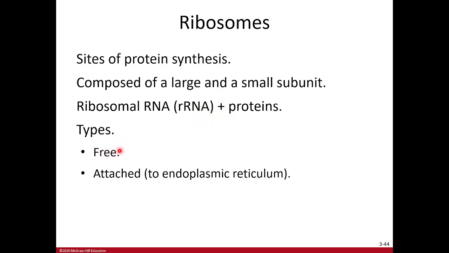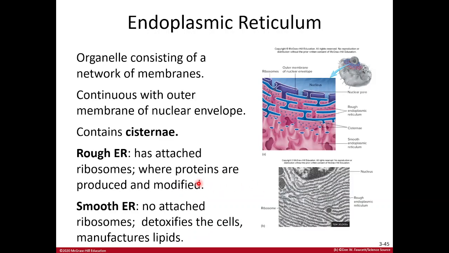Now we have two types of ribosomes, the ones that are free-floating within the cytosol that are called free ribosomes, or the ones that are attached to one organelle that we call the endoplasmic reticulum. The endoplasmic reticulum is a series of sacs or membranes that are making this network through which the proteins will be made.